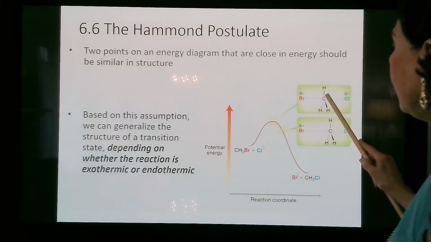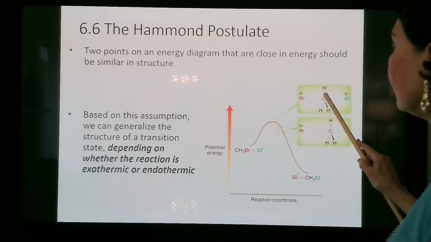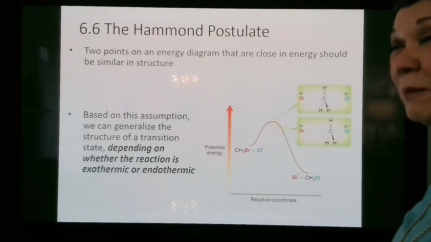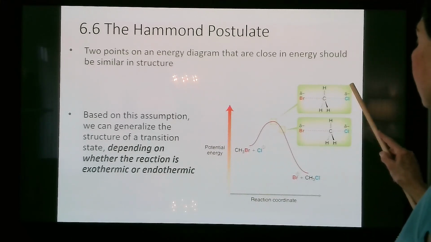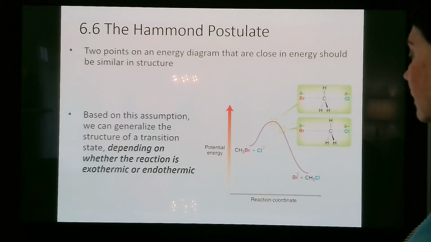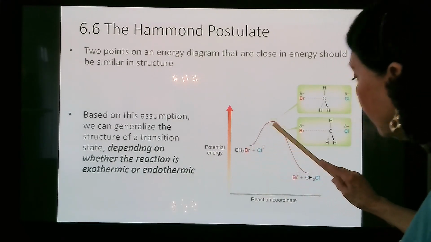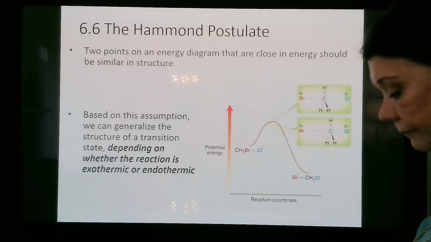Actually, it's telling you that this C-Br bond distance should be a little less than the carbon-Cl distance, because they're going to be more like reactants and less like products.